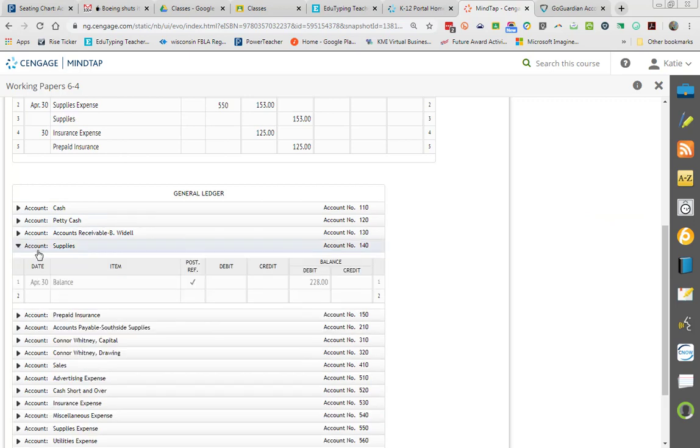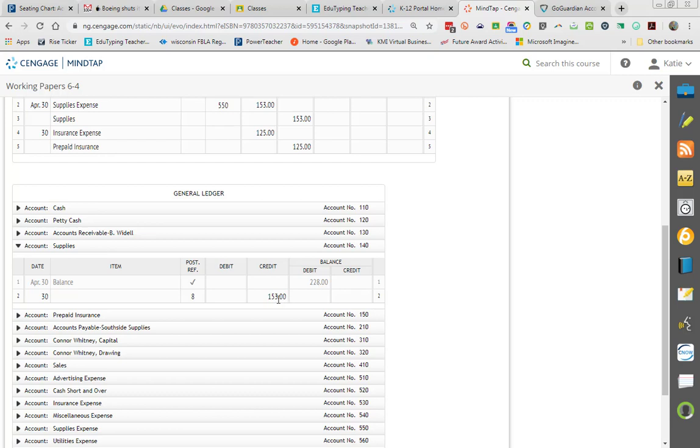Supplies is a little bit harder, not a lot harder, just a smidge. When I go to post to supplies, I'm going to put the date of the 30th. Post reference is going to be 8, and I am crediting supplies $153. But this is where we hold up our horses, and we do not put 153 in the balance column, because supplies already has a debit balance of $228.